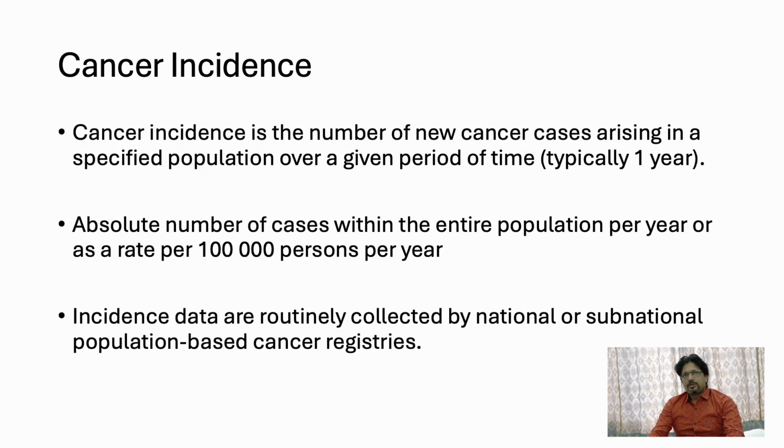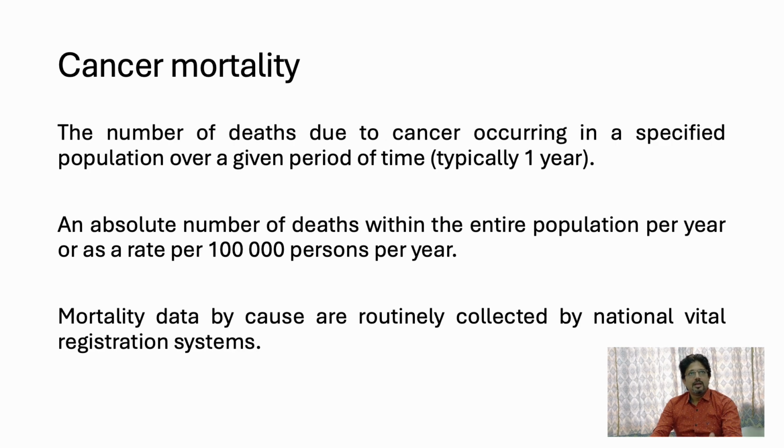When we talk about risk, we can use the terms incidence, mortality, and prevalence. Incidence is the number of new cases arising in a specified population over a period of time, that is, per lakh persons per year. Mortality is the number of deaths in a given period of time, typically 1 year, again measured as the number of deaths per lakh population per year.